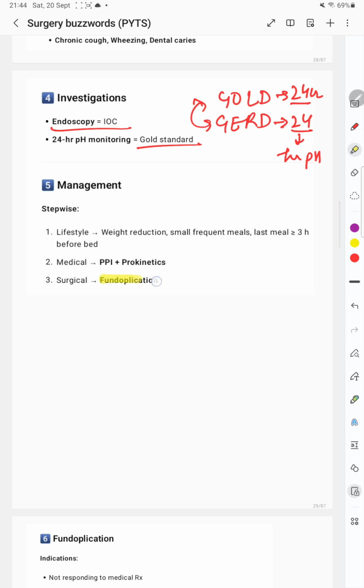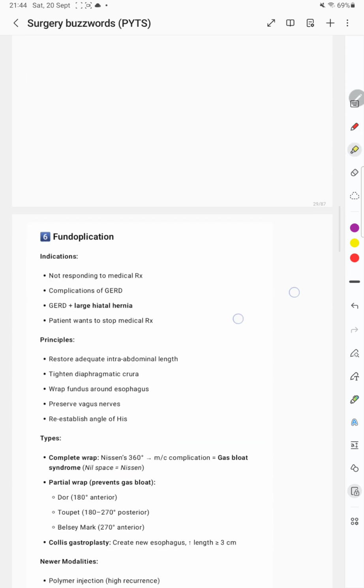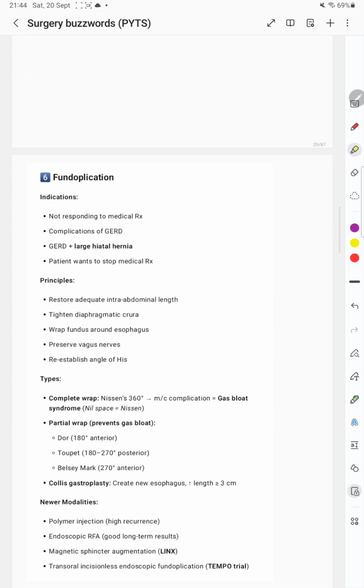This is important. For fundoplication, first of all, we don't do it in every patient. So what are the indications where we do fundoplication? Those patients who are not responding to medical treatment, those having complications of GERD, and if GERD presents with a large hiatal hernia.